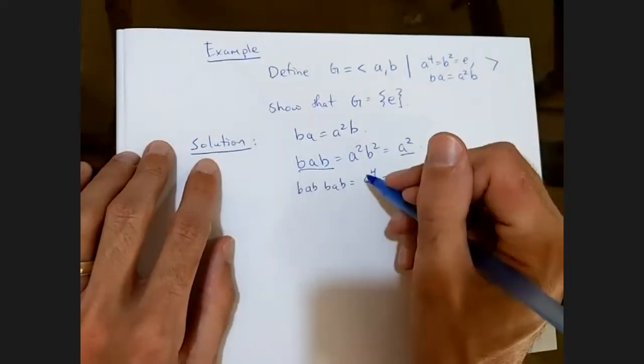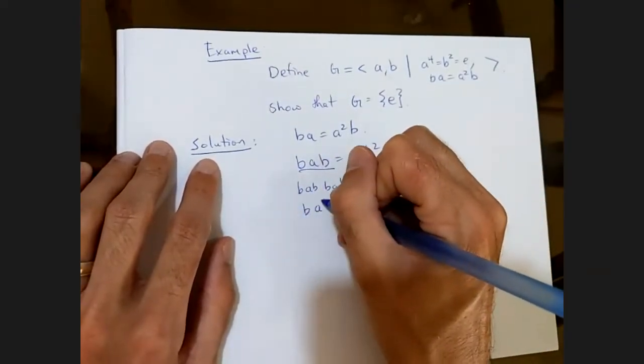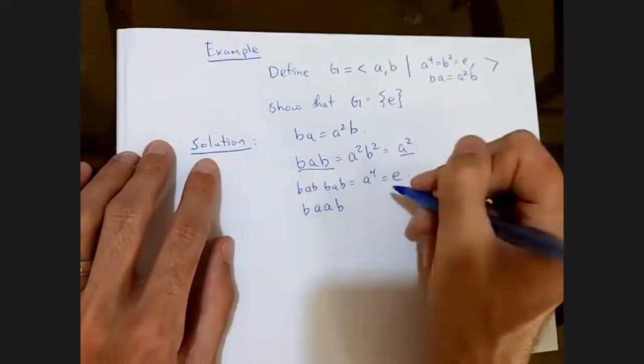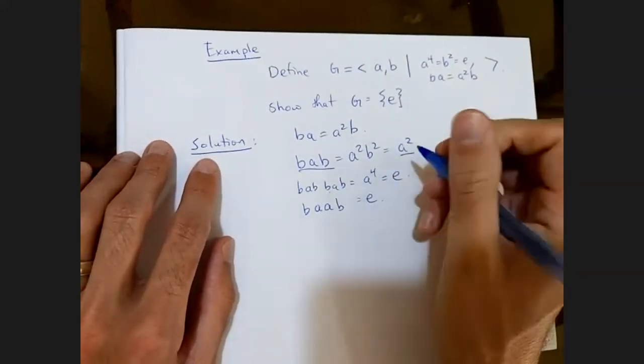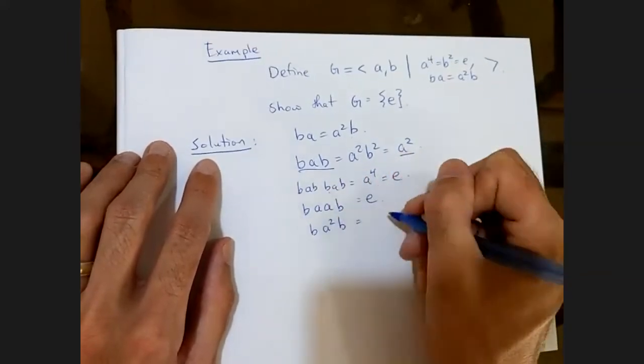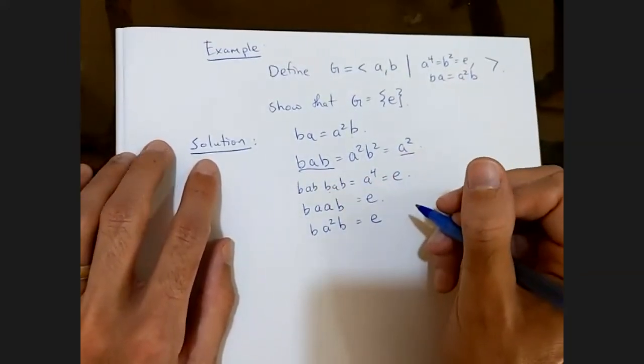Now, if we simplify this, we get BA squared B is the identity.